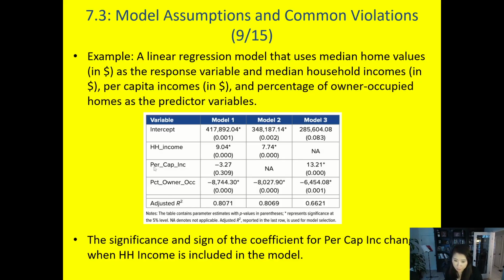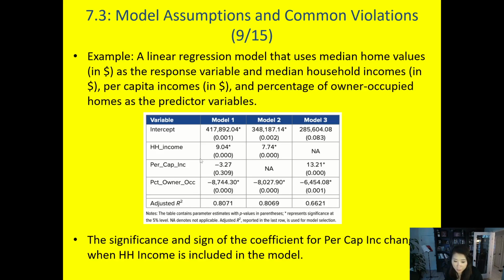As we move on to the model result, first of all, in my first model I'm including all the X variables: the household income, the per capita income, and the percent of owner occupied. When I include all of them, I have a very large adjusted R square, 80% of the variation explained by my model, right?